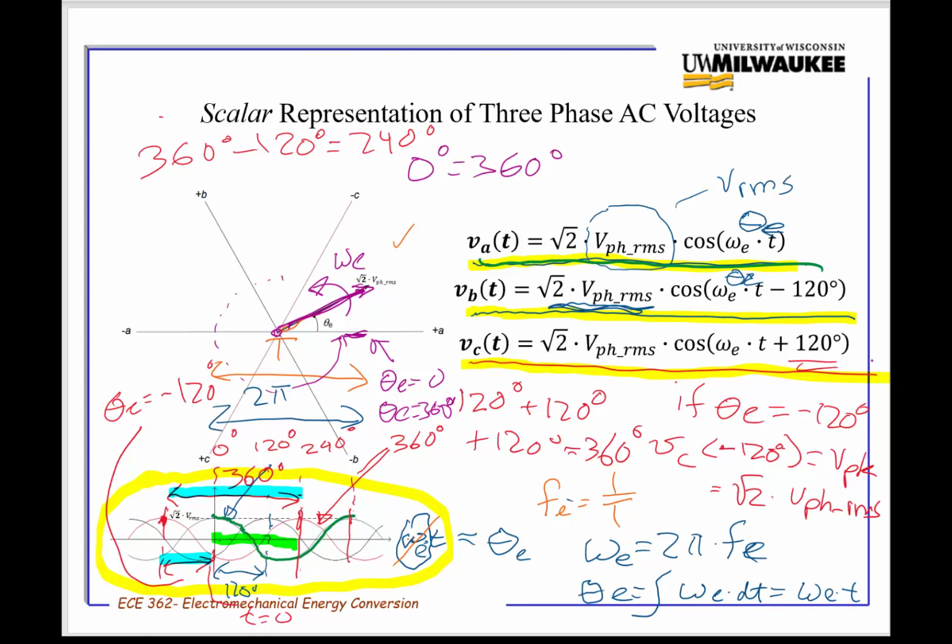So that tells me that I could even replace this whole thing here with minus 240 degrees. So that would mean that when the angle hits positive 240 degrees, I am going to get a zero inside of these parentheses after the cosine, and I'm going to hit the C phase peak.